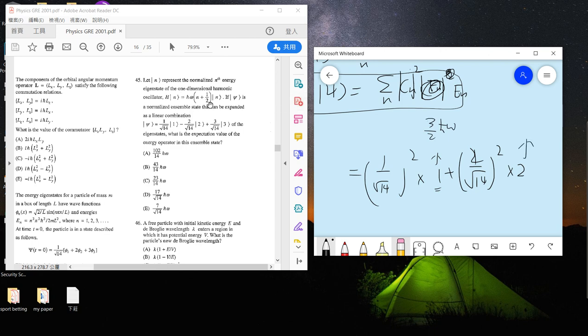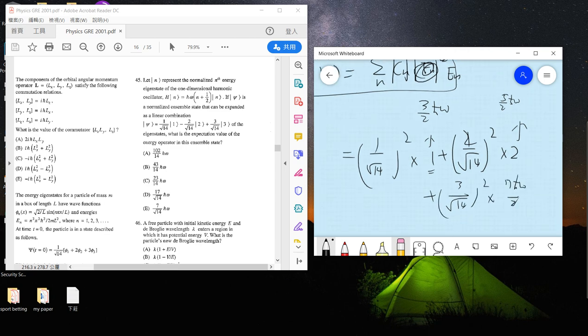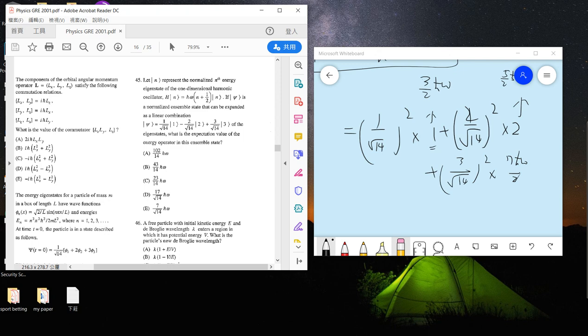So 2 plus half, so it's 5 over 2 h bar omega, and 3 over square root 14 times 7 h bar omega divided by 2. So combine all of it. The answer is just direct computation: 43 divided by 14 h bar omega. So that's it.